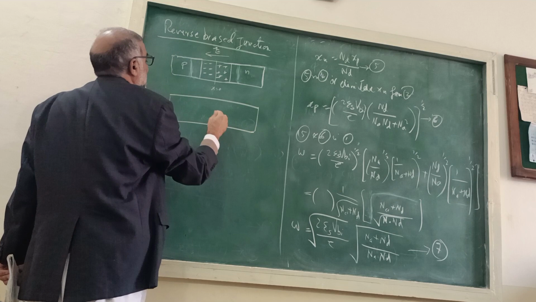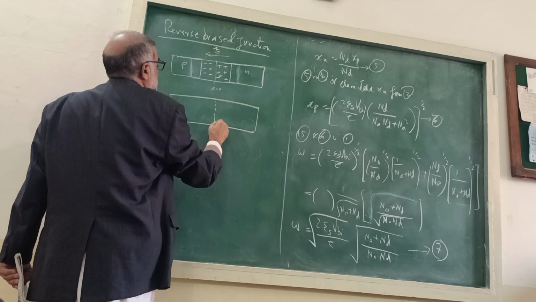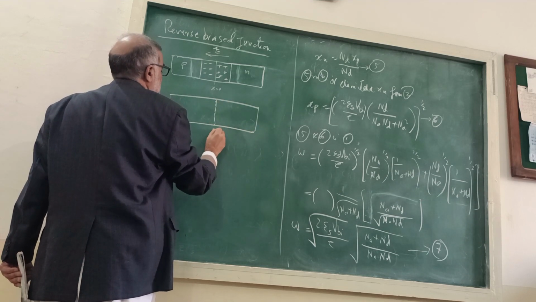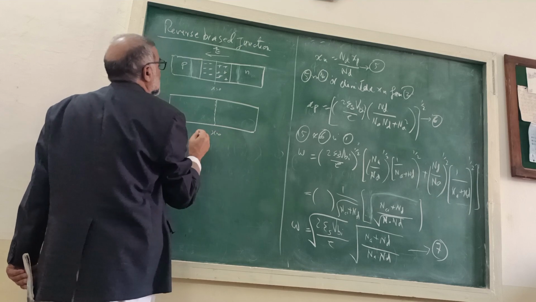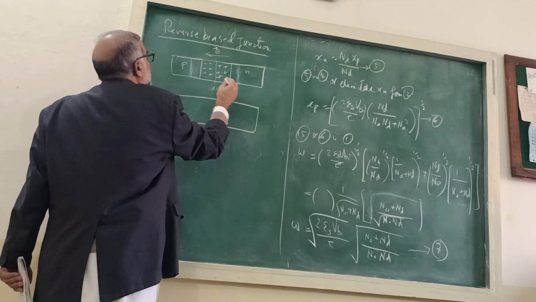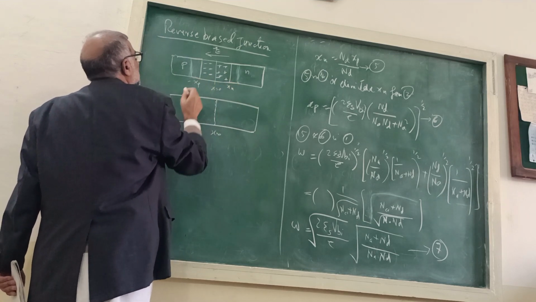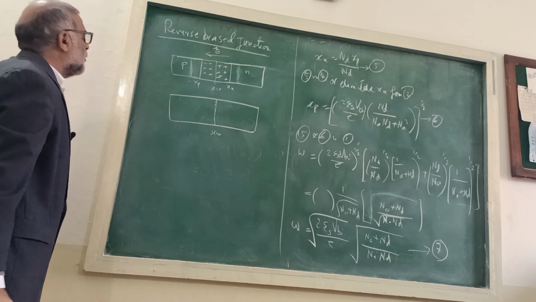Now we want to bias it. That is the metallurgical junction. This was X_N and this was minus X_P.